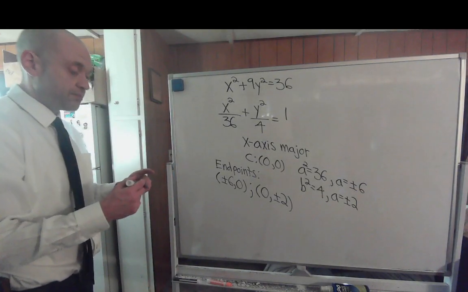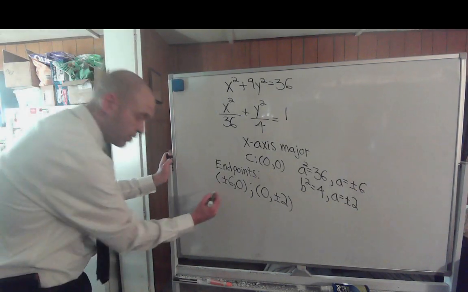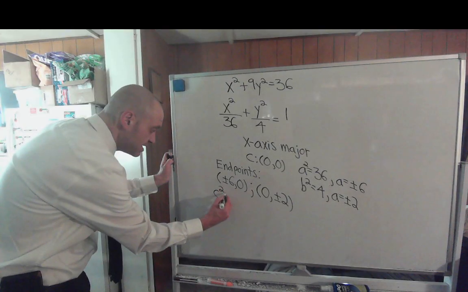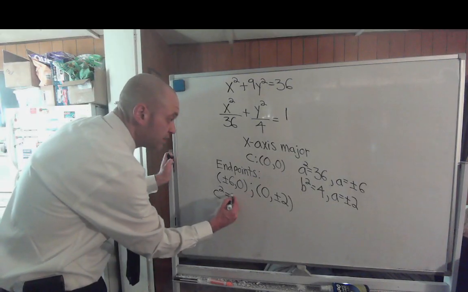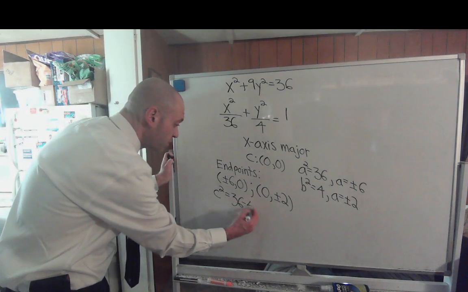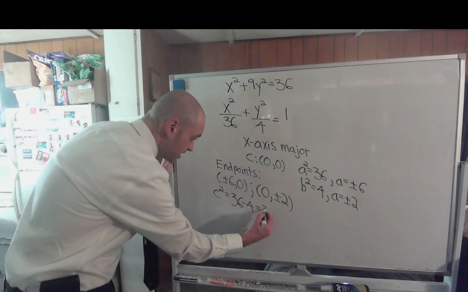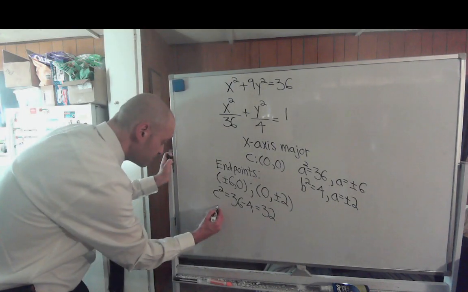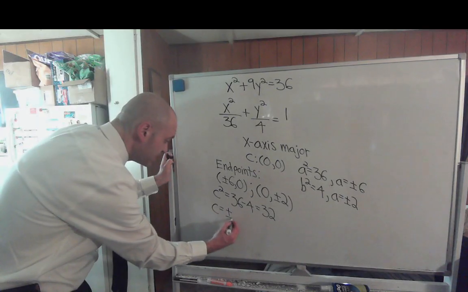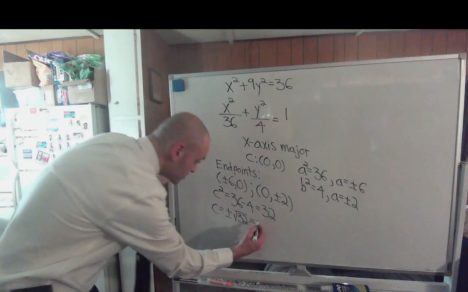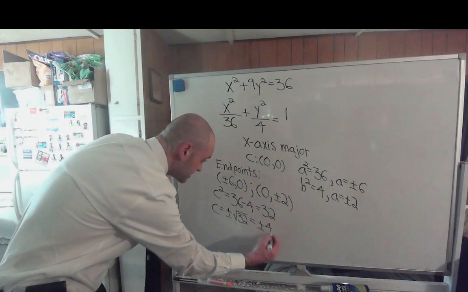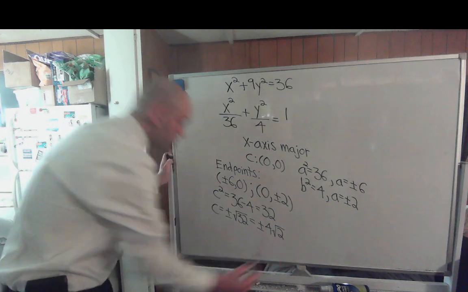Those are my 4 endpoints, and then of course I can go ahead and find the foci. C squared equals a squared minus b squared, so that would be 36 minus 4, which would be 32. So c equals plus and minus the square root of 32, which in simpler terms reduces to plus and minus 4 times the square root of 2.